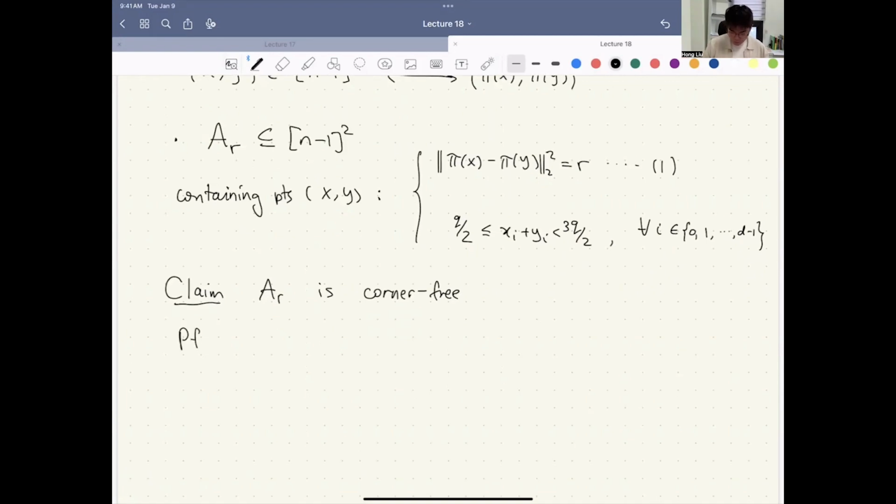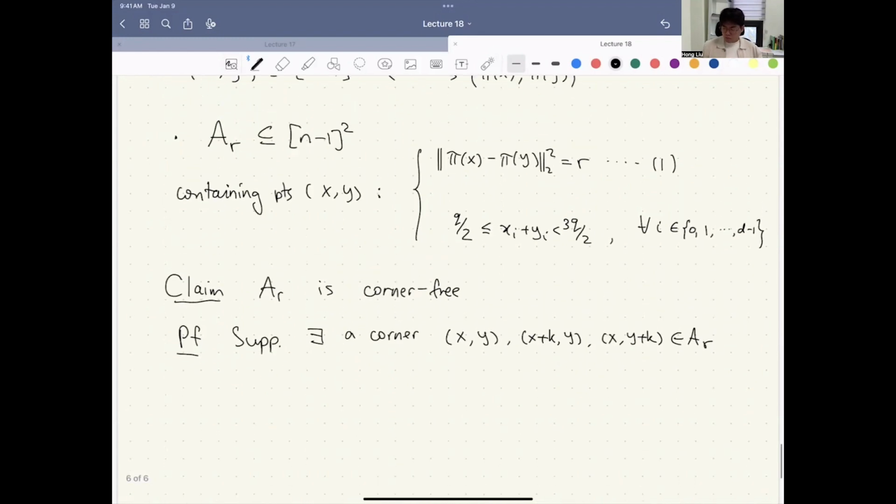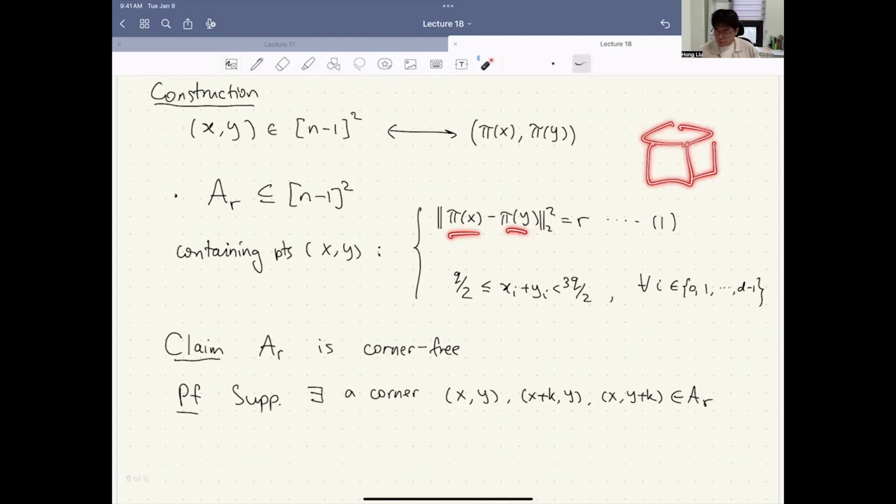Proof. Suppose there exists a corner (x, y), (x plus k, y), (x, y plus k) in A_r. We have some corner. Well, these 3 points being in A_r, what does it mean? That means their corresponding hypergrid points are pairwise at a fixed distance r.